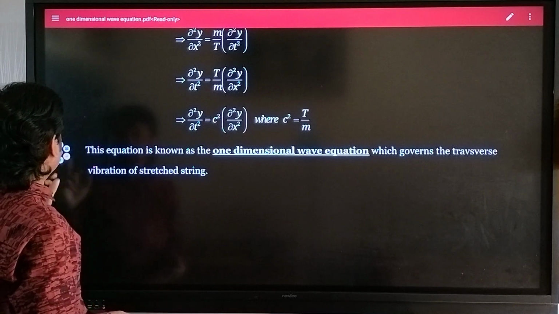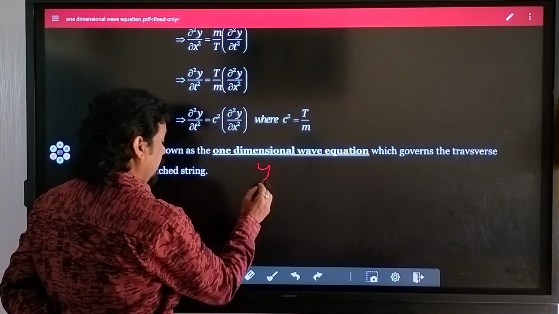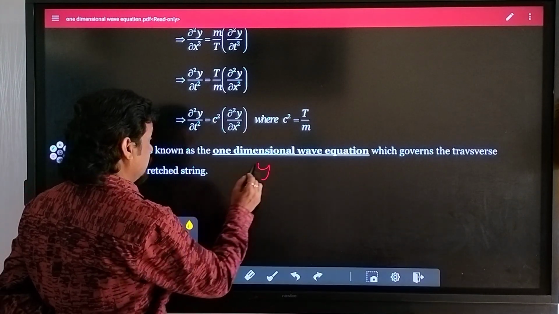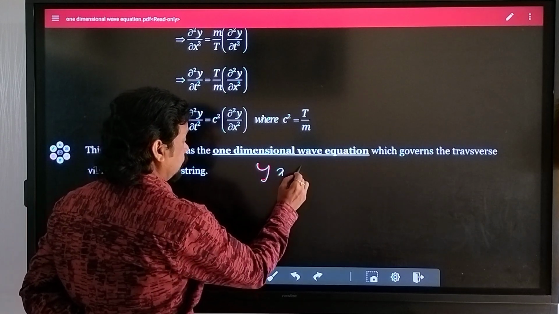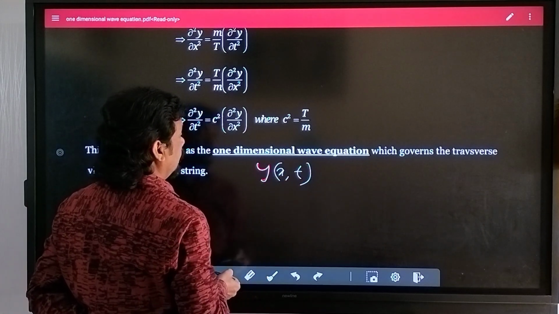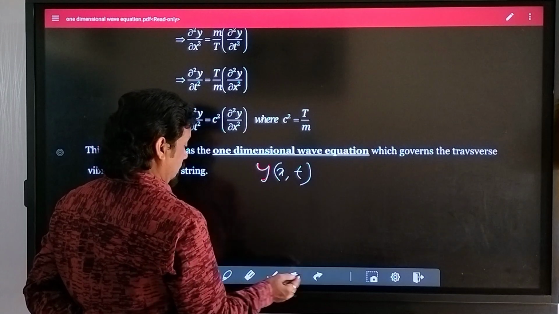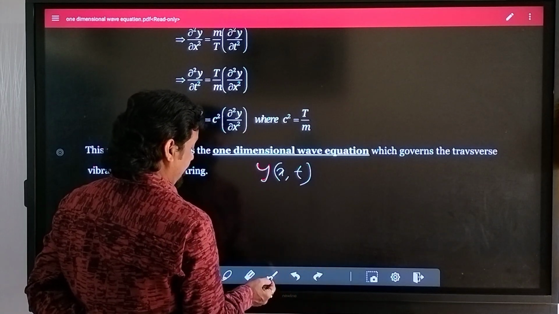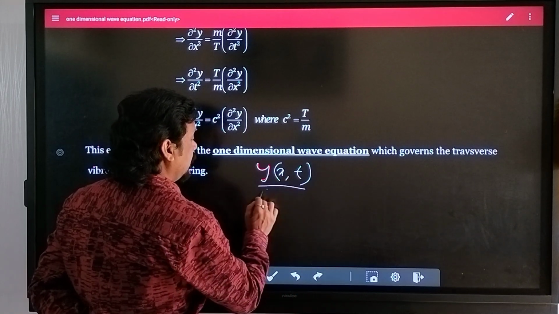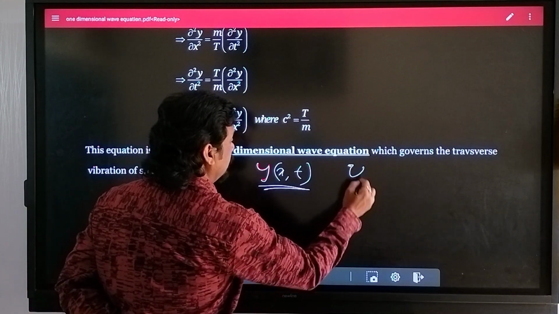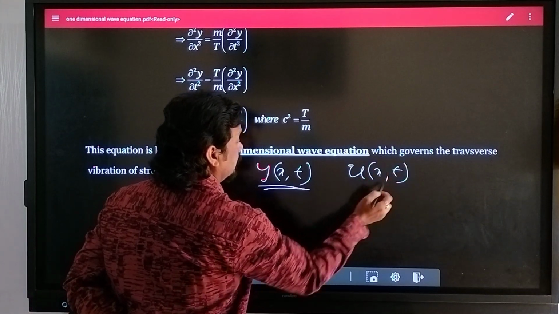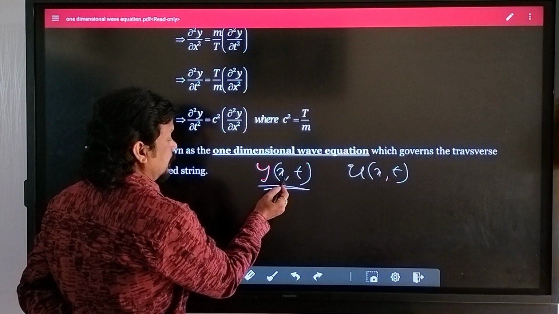In some books it is given as y of x, t, and in some books it is given as u of x, t.